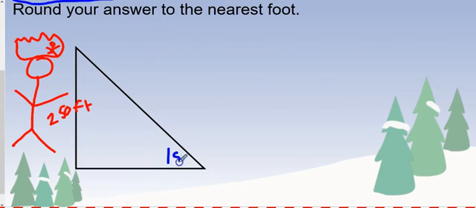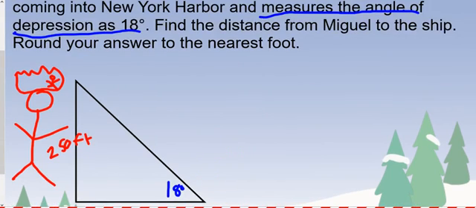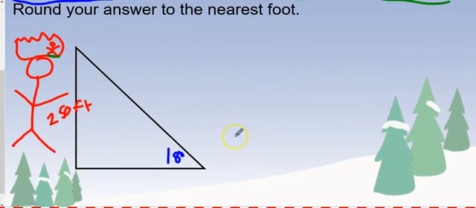Again, the angle always goes in the bottom right hand angle. And we want to find the distance from Miguel to the ship. So again, Miguel is up here, the ship is down here. So from Miguel to the ship would be this side over here. It'd be our hypotenuse.